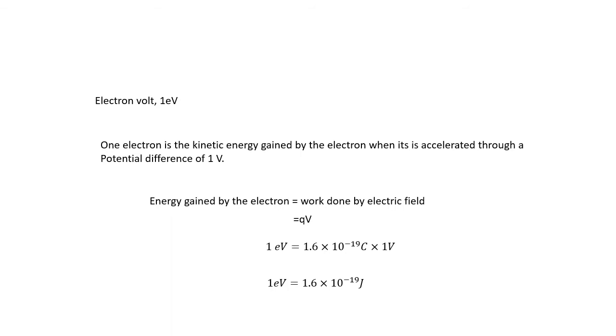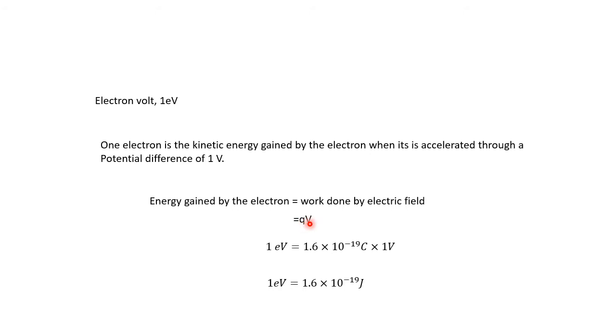1 electron volt is the kinetic energy gained by the electron when it is accelerated through a potential difference of 1 volt. Now, the energy gained by the electron equals the work done by the electric field. The work done by the electric field is Q times V, where Q is the charge of the electron and V is the potential difference applied.